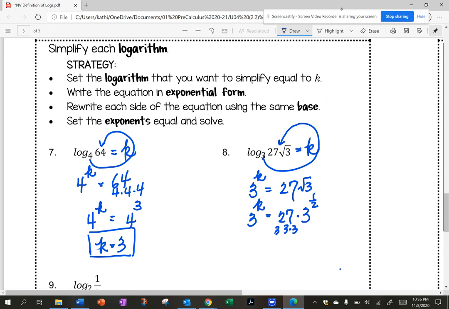So I add my exponents. So 3 to the power k, so I have 3 plus a half. So that's 3 1/2, which is 7 halves. So this is 3 to the 7 halves. So my bases are equal now at 3. So my exponents are equal. So k equals 7 halves.